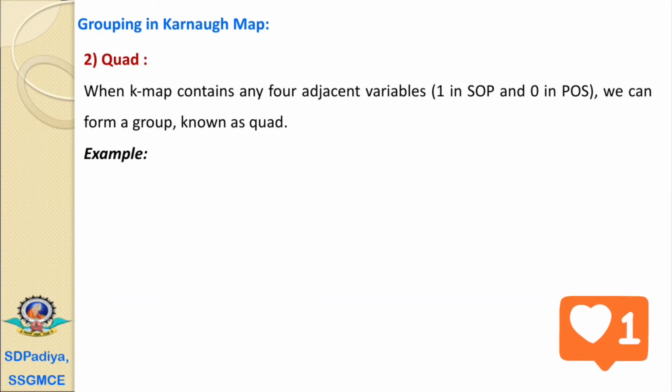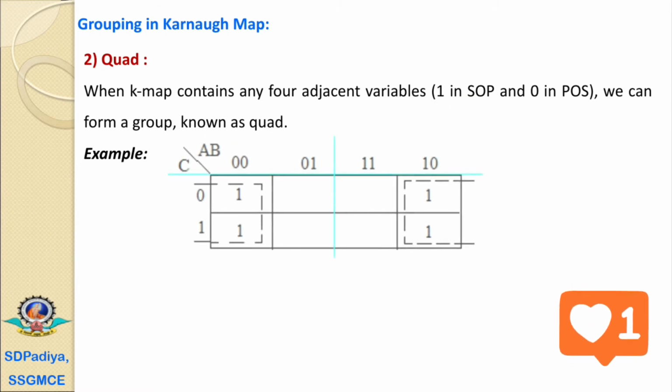The second type of grouping is a quad. When the K-map contains any 4 adjacent variables, again 1 in the sum of product and 0 in the product of sum, then we can form a group known as a quad.